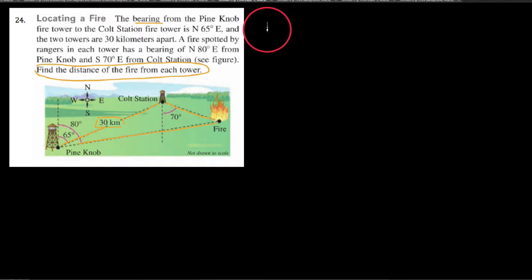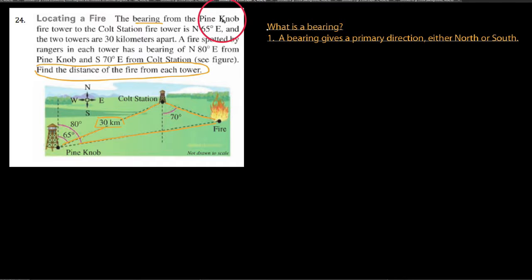And so when we talk about a bearing, we say, what is a bearing? We notice some things about these bearings up here. First of all, a bearing gives a primary direction, either north or south. That is to say that on any of these directions that we saw up here, it says start north or start south.